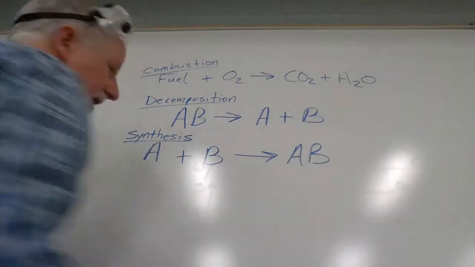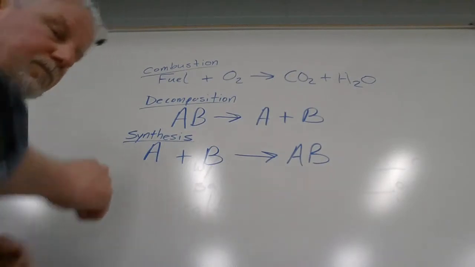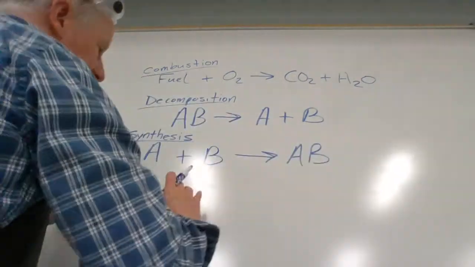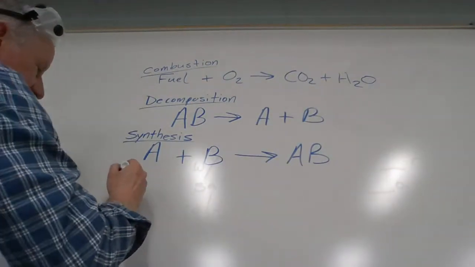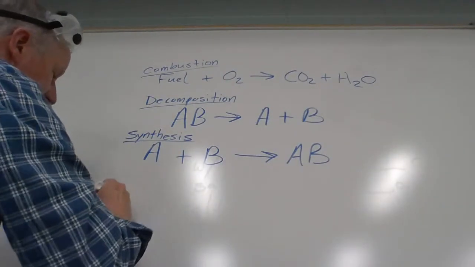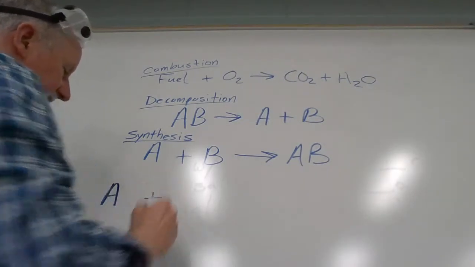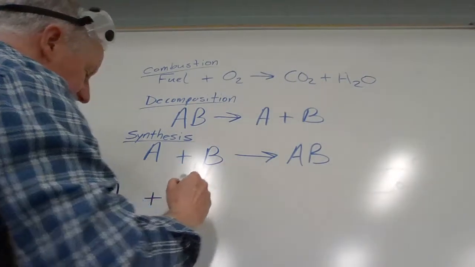So the last two are where we have two things and two things, or more than one thing on each side. And so say we have A, like we did this with copper. We saw copper come out.